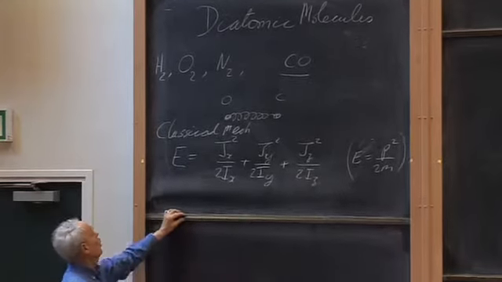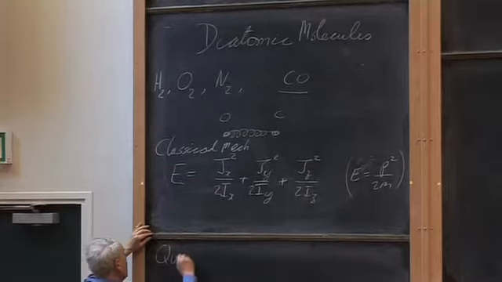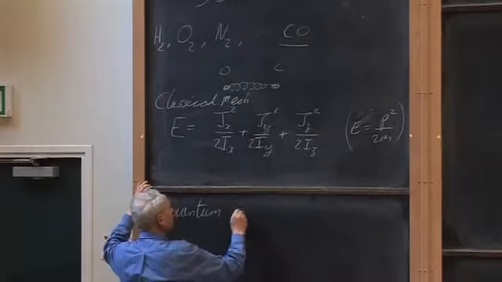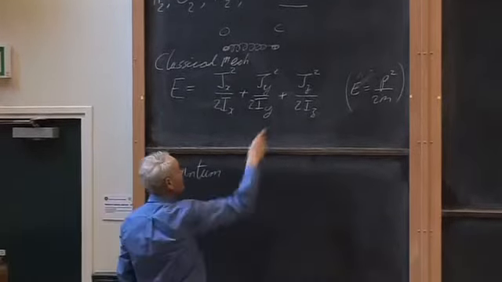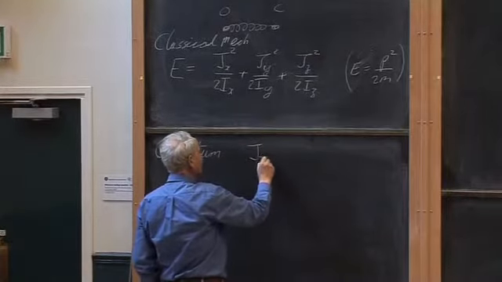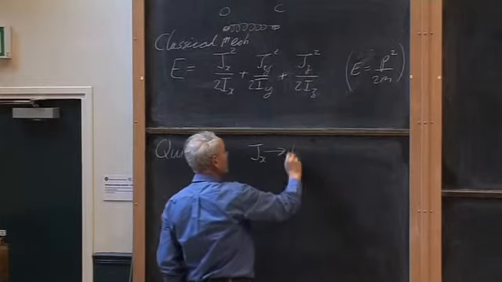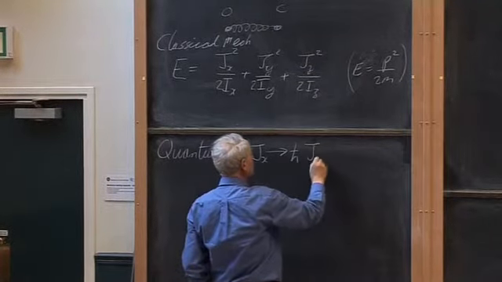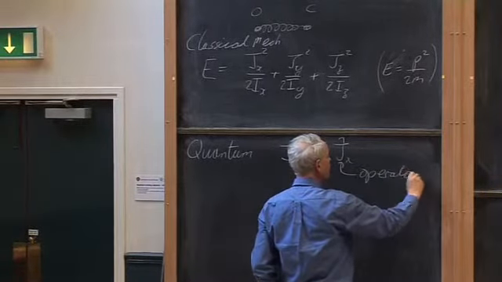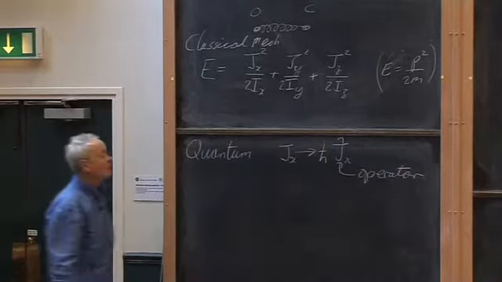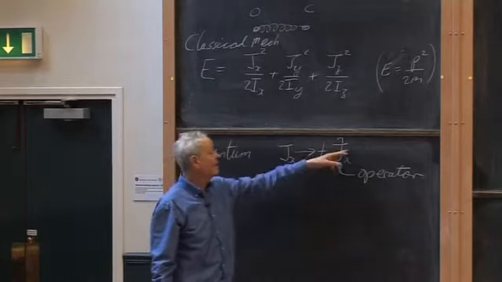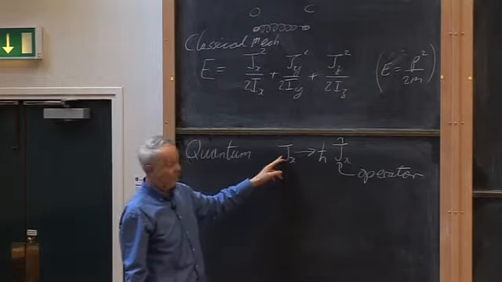So what we say now, we conjecture that quantum mechanically, Jx, the classical thing, goes to h bar times Jx, the operator. So we define these operators. Many people define them to have dimensions of h bar, but we would define them so they were dimensionless. This thing has the dimensions of h bar.